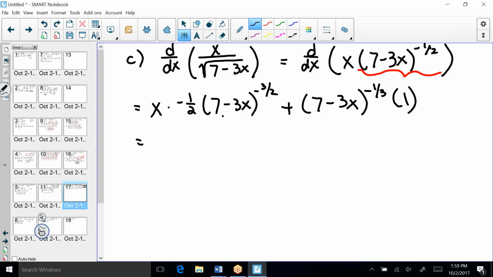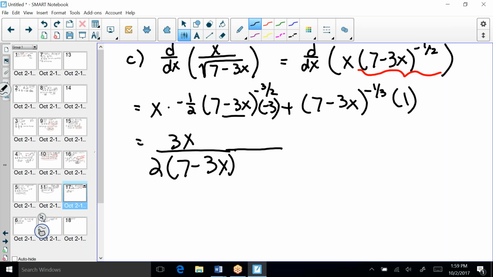So we still have to multiply this thing by negative 3. So we need to put that in there. And then we have a negative 1/2 and a negative 3. That's a positive. And we have this x times the 3. So we have 3x in the numerator. And in the denominator, we have 2 times 7 minus 3x. And then the exponent becomes positive when we move it to the denominator.